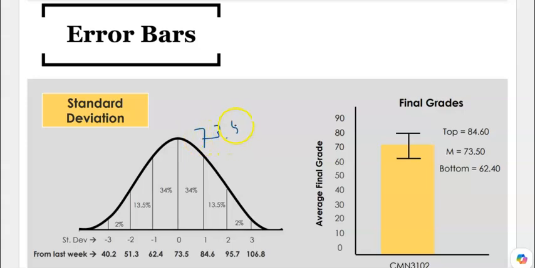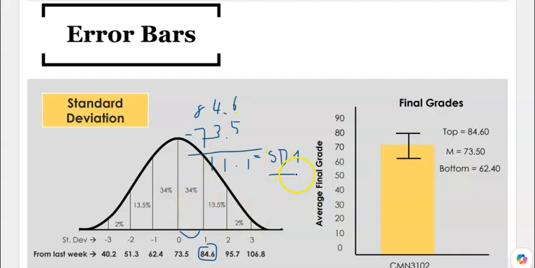73.5 is the mean, and you can add the 34%, and then subtract. The standard deviation is 11.1. So for the first standard deviation, you calculate from your average value plus 11.1, and that becomes 84.6. This is how you add your 34% range of your data.